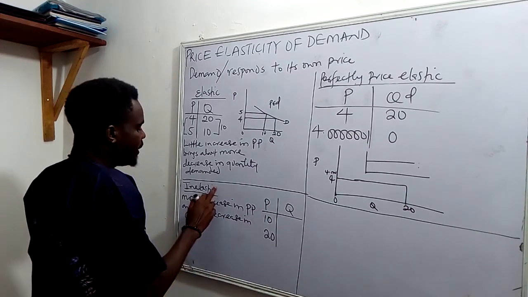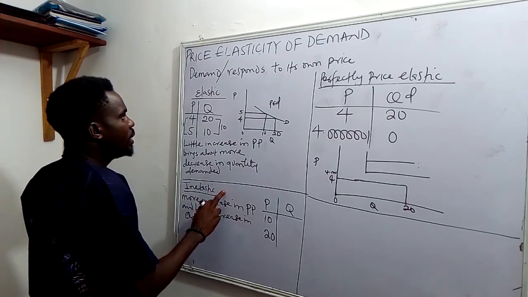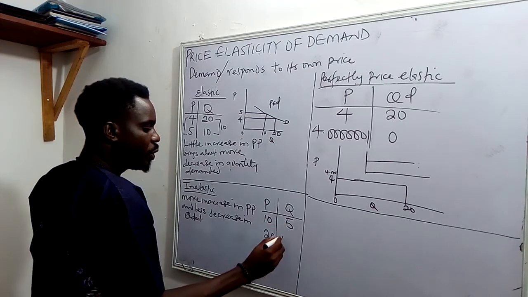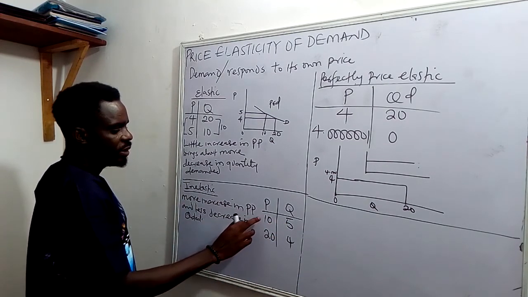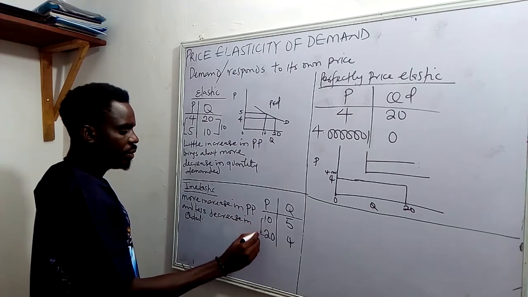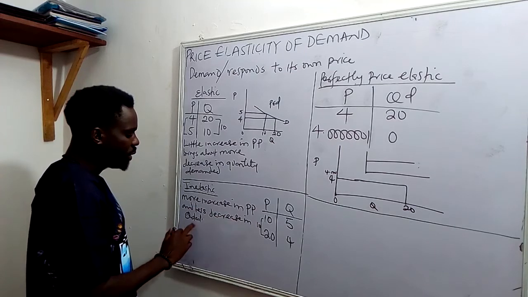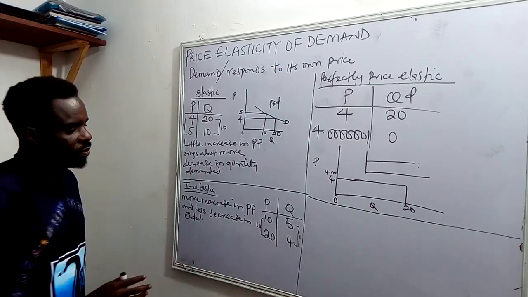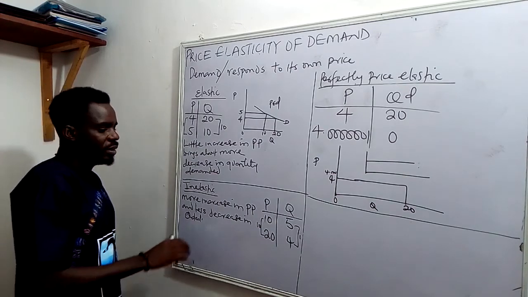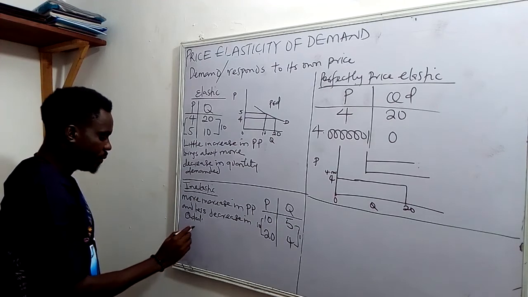because the product is inelastic, demand will not respond to it more. We can have a minimal drop in demand. When more increase in price, which is 10 to 20, 10, brings about less decrease in quantity demanded, 1, then the product is price inelastic. We can represent this on a graph.